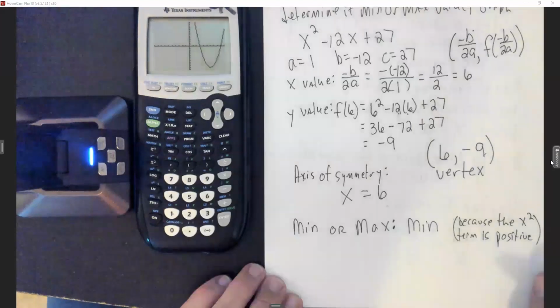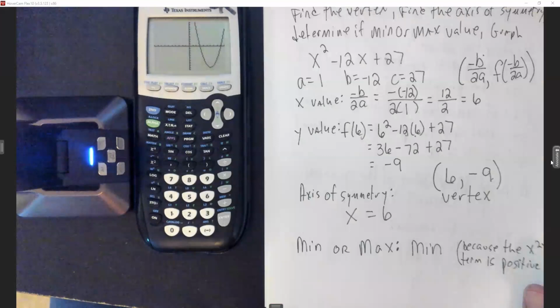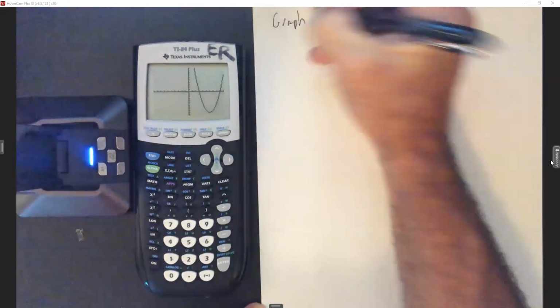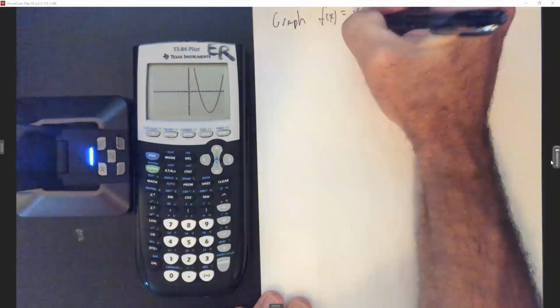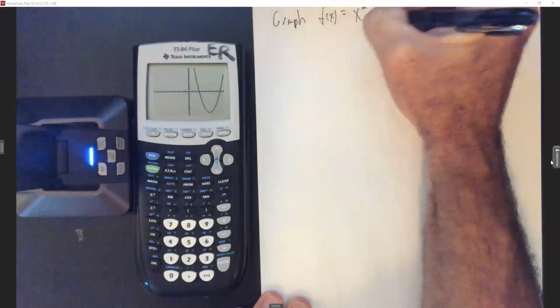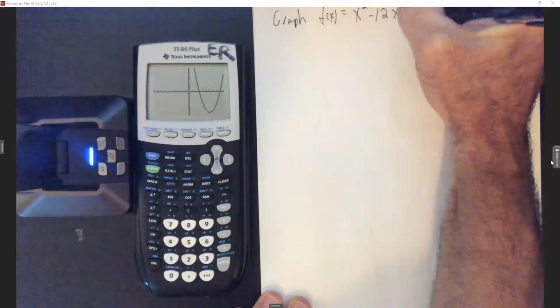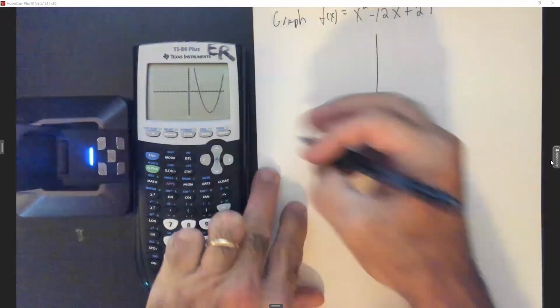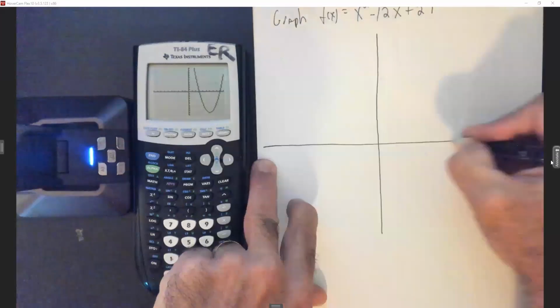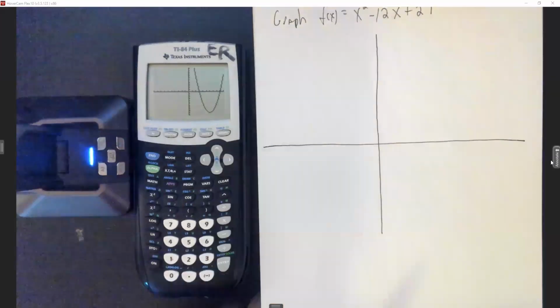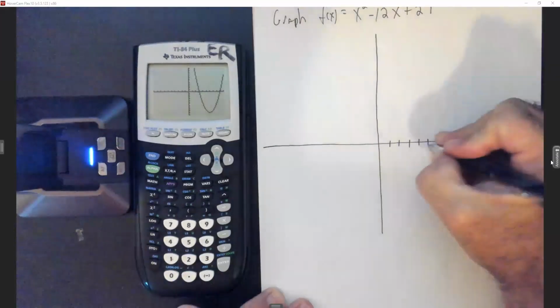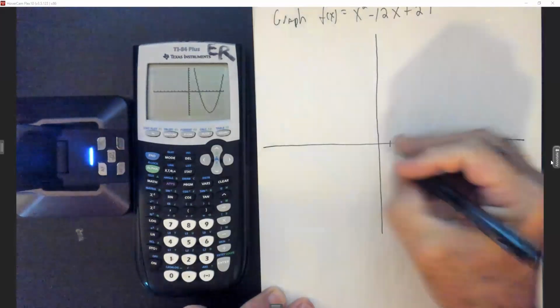All right, so I'm going to graph this now. So I'm going to graph it by hand. So I had what? F of x equaled x squared minus 12x plus 27. All right, so I'm trying to go at about 10 on this because I know I had that -9 value.